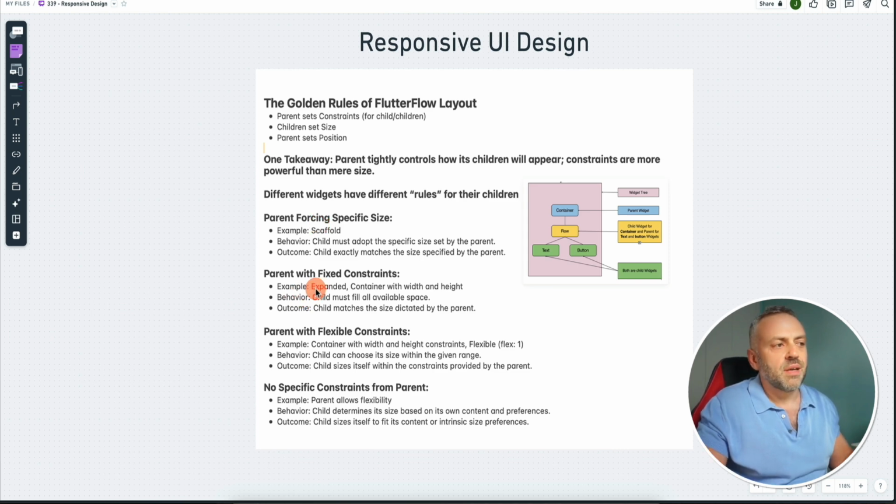An example is something called an expanded widget and a container with a width and height. We're going to be covering all of this a little bit later in the video. This is all very, very important. The behavior is that a child must fill all available space, and a child matches the size dictated by the parent. So we're going to be talking about this scenario. This is a very, very common scenario.